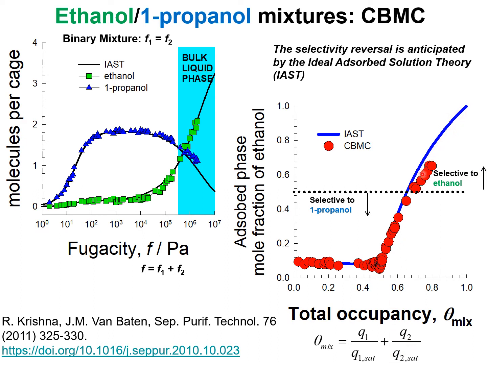The blue line here shows calculations using the ideal adsorbed solution theory of Myers and Prausnitz, and the IAST is able to anticipate the selectivity reversal in favor of ethanol that occurs at pore occupancies larger than 0.7.